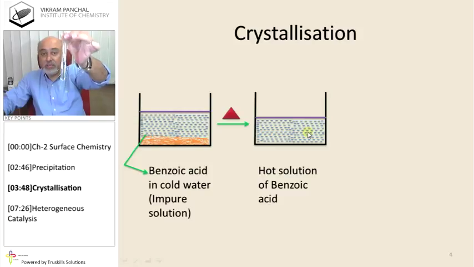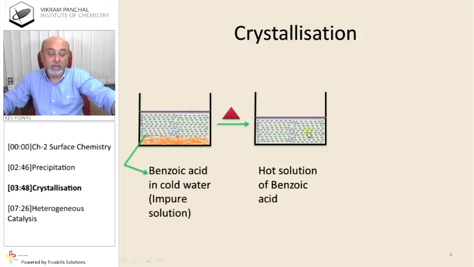You will not see a particle of benzoic acid. Then you keep this test tube in the laboratory and let it cool on its own. That means we cannot cool it in an ice bath; it should reduce the temperature on its own.